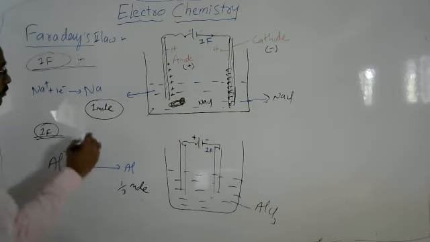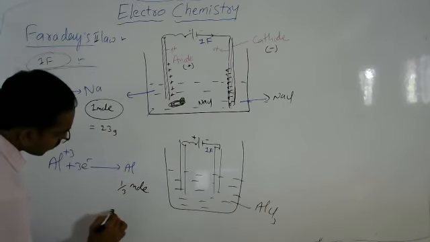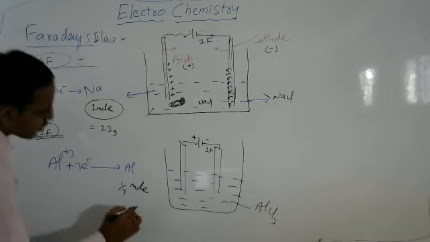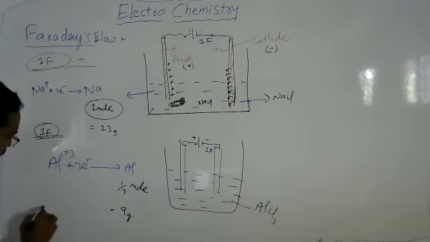So if I write in mass, what is it? 23 gram here, and here it is only 9 grams. What is this 9 gram? It is equal to the equivalent mass of aluminum.